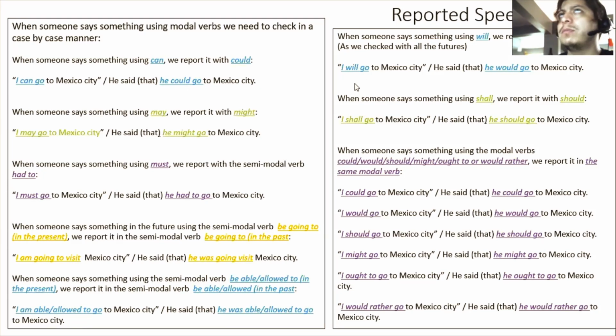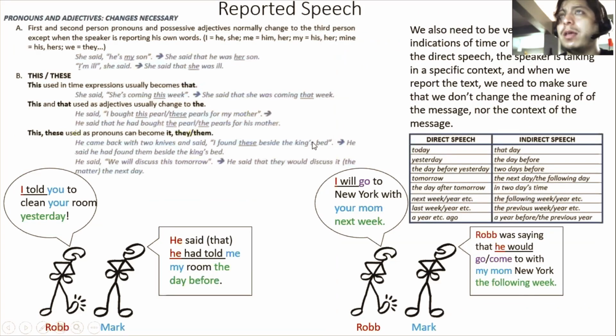And finally, well, not finally for today, we need to make sure that we change pronouns and adjectives. This is kind of weird. We're going to start with this in the next video, because we're going to be speaking about other things that you have to be careful of.